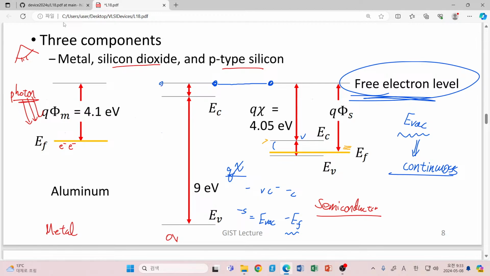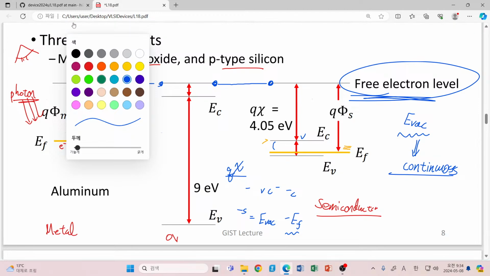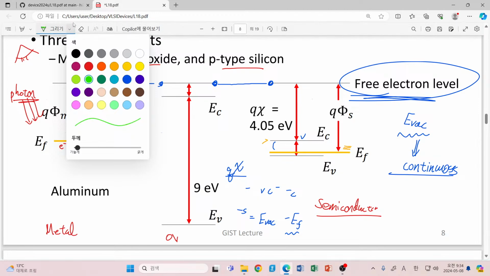And yes, they are the same. Then, more important, please try to measure the positions of the conduction bands of silicon dioxide and silicon.